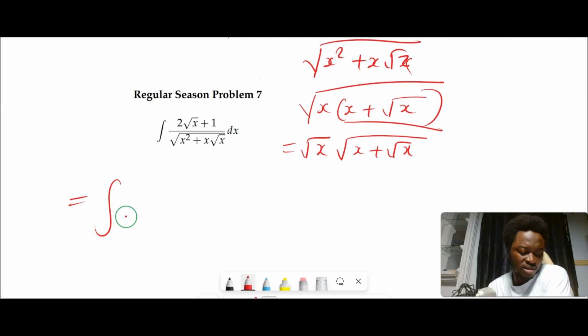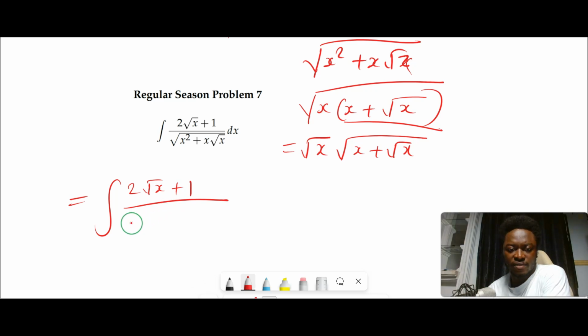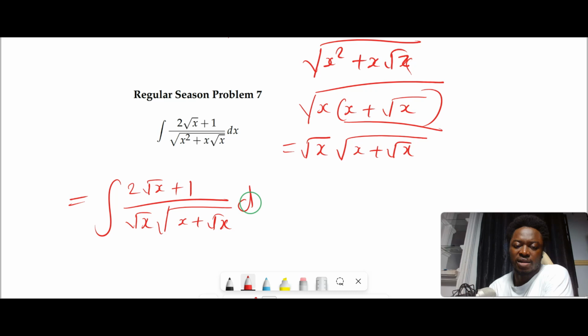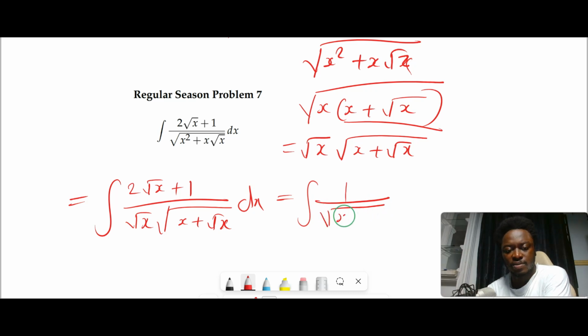So let's say you get the integral of 2 square root of x plus 1 divided by square root of x times square root of x plus square root of x dx. Now, let's just group the top. So this is the integral of 1 over square root of x plus square root of x, and then you have 2 square root of x plus 1 over square root of x.